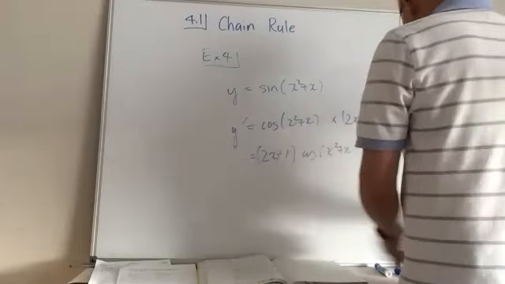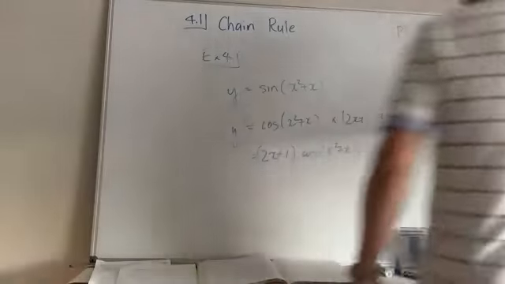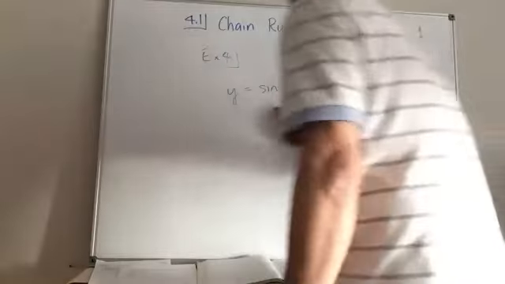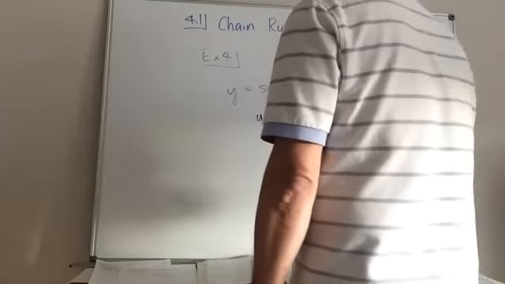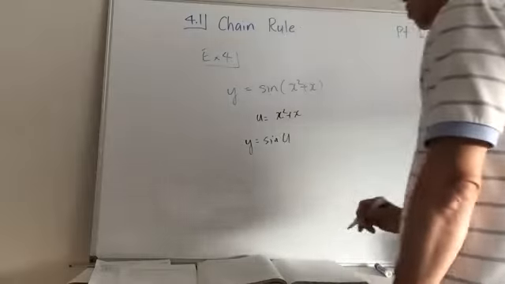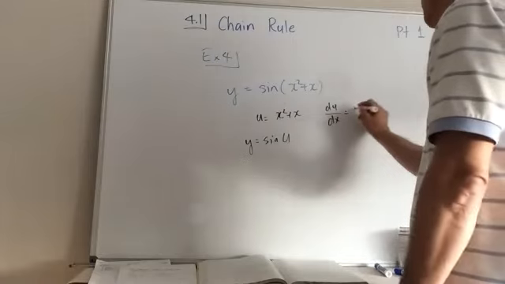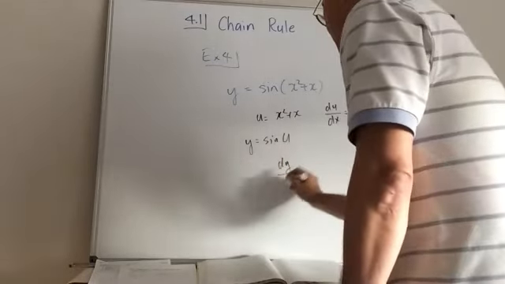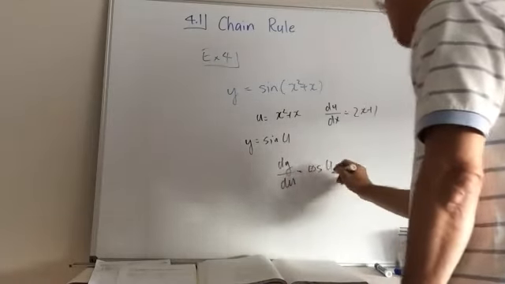Now the way that we were learning it earlier was what? I would say that u is equal to x squared plus x, and then y would be equal to sine u. du/dx is the derivative of this, which is 2x plus 1, and dy/du is nothing more than cosine u.